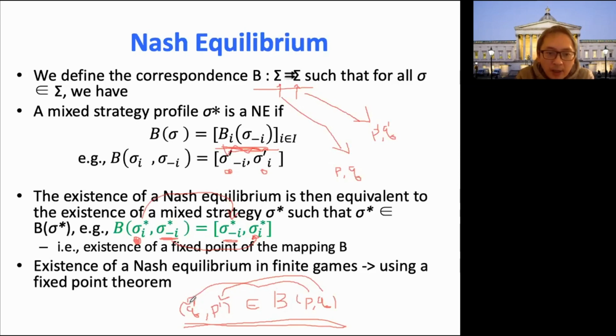But in the Nash equilibrium, because nobody wants to deviate, the input becomes the output. Maybe I can take five more minutes of your time to finish this.